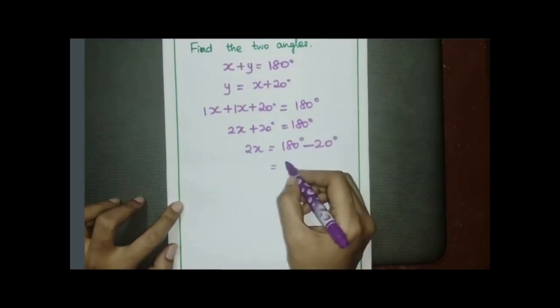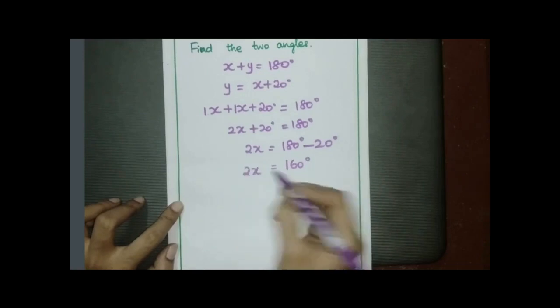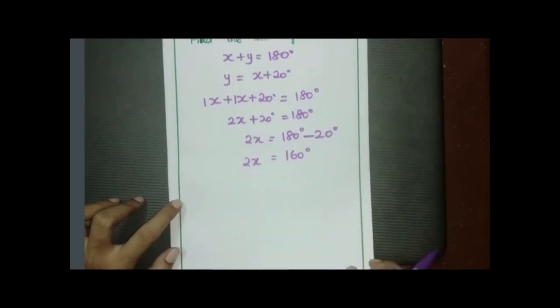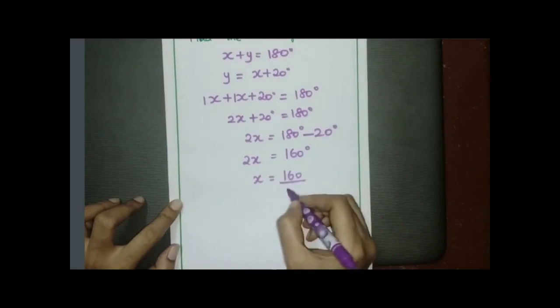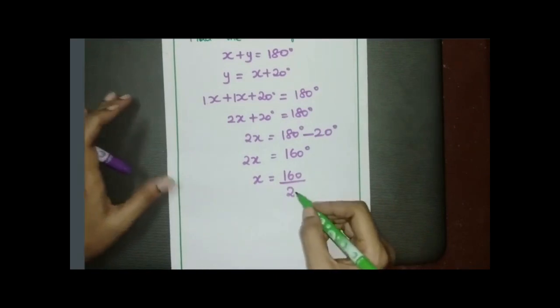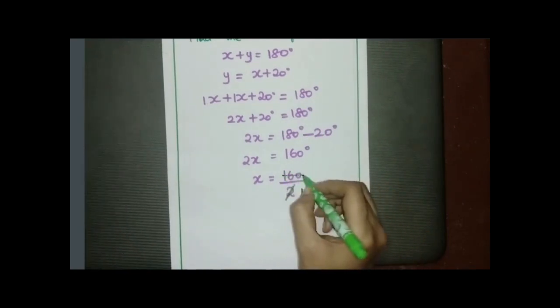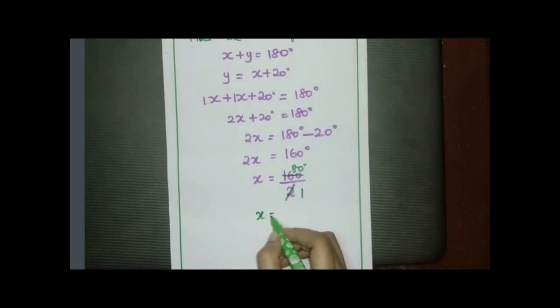Next step, 180 minus 20 will get 160 degree. So 2x equal to 160 degree. Then what is x? X will be 160 by 2. Cancel and tell the answer. 1 2s are 2, 8 2s are 16, remaining 0. So x is 80 degree.